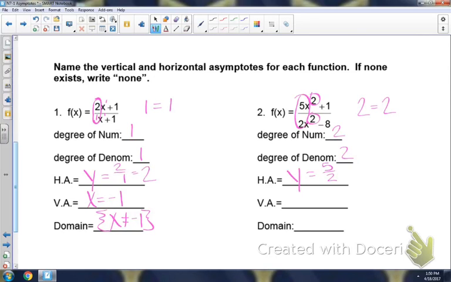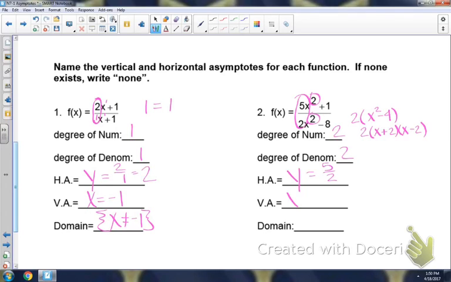Vertical, notice that the denominator here, we can factor it. Do not find your vertical asymptote until you have factored your denominator. So you can take a 2 out, and you're left with x squared minus 4, which would factor to x plus 2 and x minus 2.